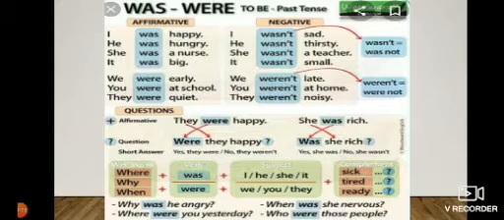Another way is to start with WH words, like where did you go? So you can use where were you people? You can use the WH family for interrogative sentences.